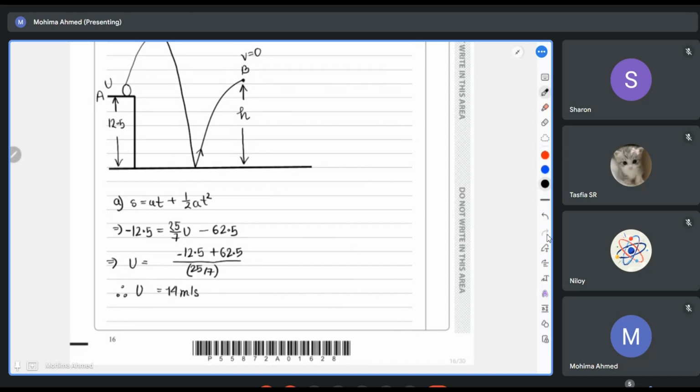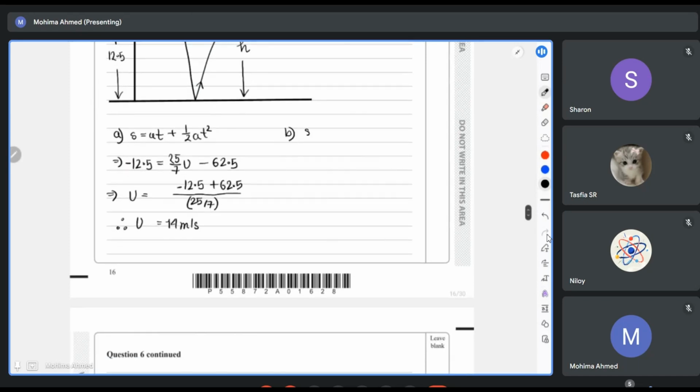So for part B, it's going to be S equals Vt minus half At square. So V over here was 0. That means this entire part would become 0, right? So now you have minus half, A is negative 9.8 and T was 5 by 7 square. This time we're using the correct time.